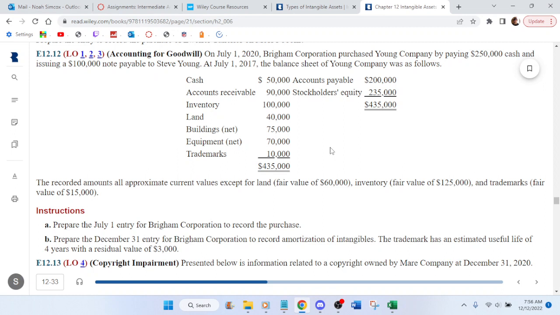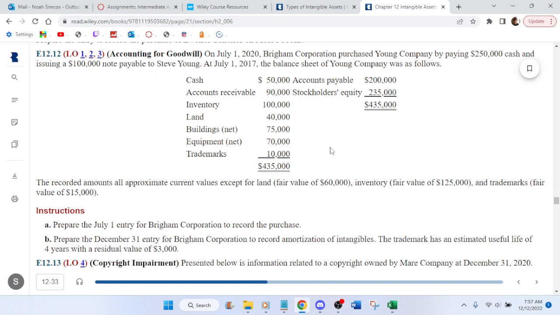So, we have 15,000. And so we bought the trademark and it was at 15,000. We have to record only part of a year of amortization. So we subtract 3,000. So we have 15,000 minus 3,000 is going to be 12,000. 12,000 divided by 4. And then we multiply it by what?